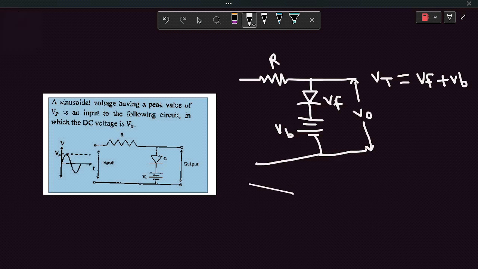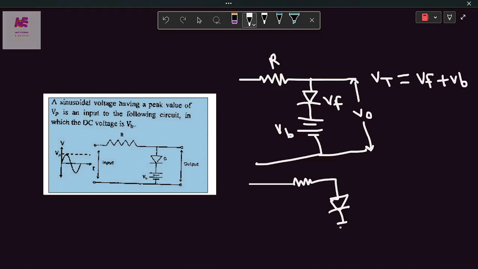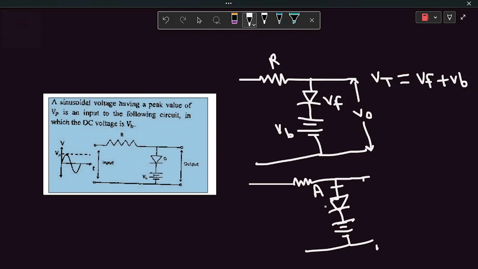So if the input voltage at anode is above Vt, which is the summation of Vf plus Vb, the diode starts conduction. And if the diode is in on state, maximum current will flow through this path, this is short circuited, and there is no voltage drop across this terminal.